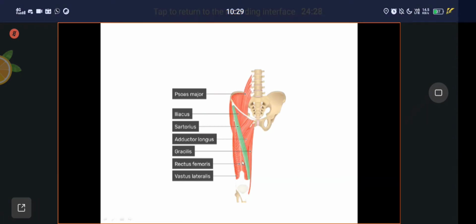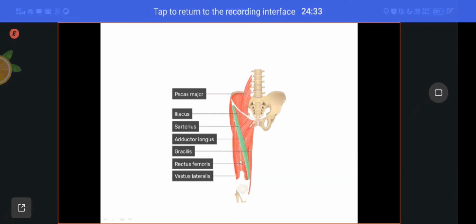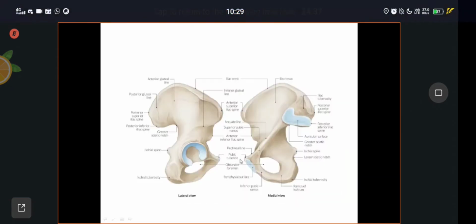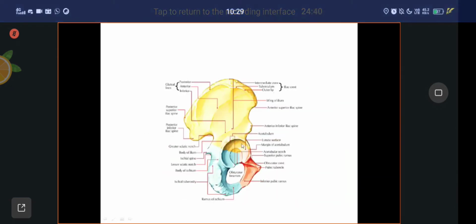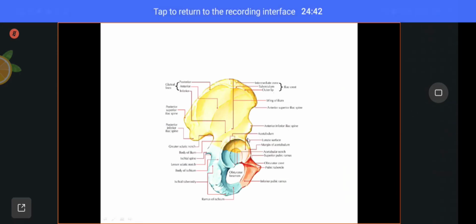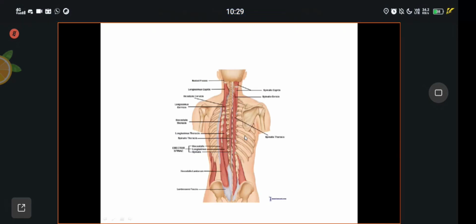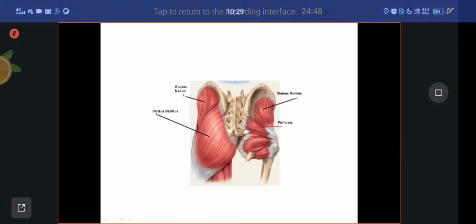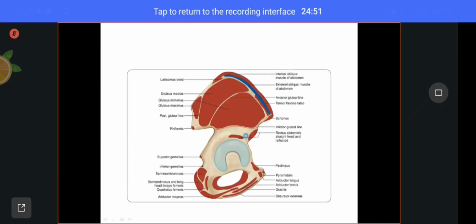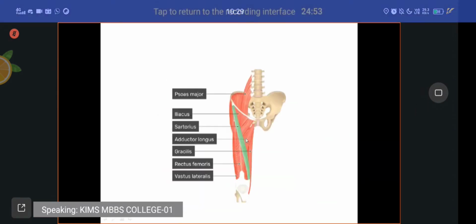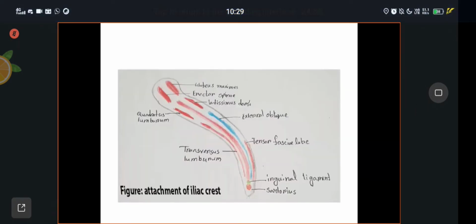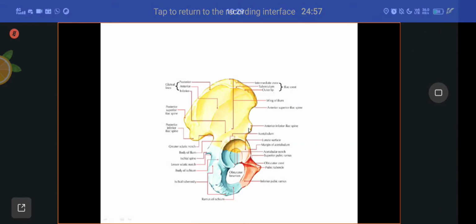This rectus femoris has two heads. What are those two heads? The straight head and one more head, called the reflected head. The straight head gets its origin from the anterior inferior iliac spine.